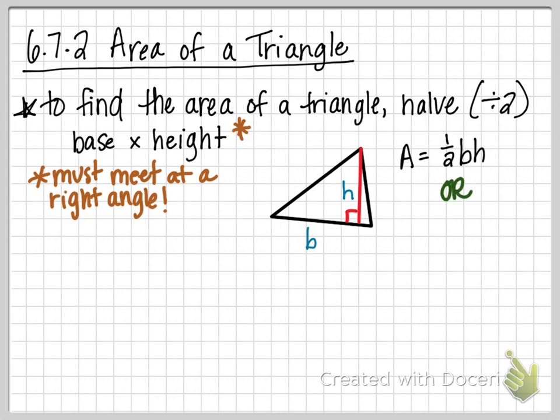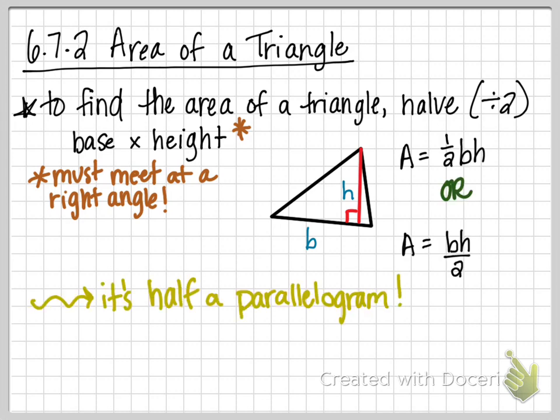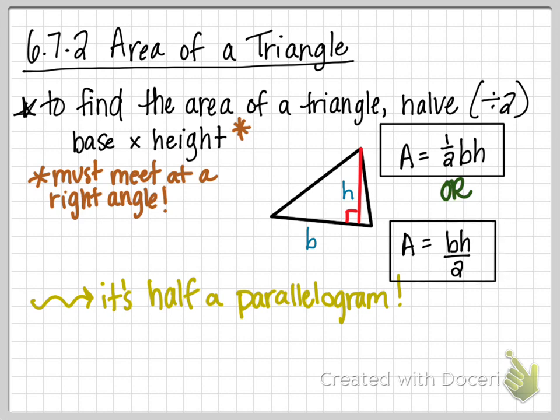All right, so here's our 2 formulas. You can use either one. That was kind of a lot of writing at once. I'm going to put these in a little box for you. These are our formulas for area of a triangle. Area of a triangle is equal to 1/2 base times height, or, these both say the same thing, just in different ways, area of a triangle equals base times height divided by 2.